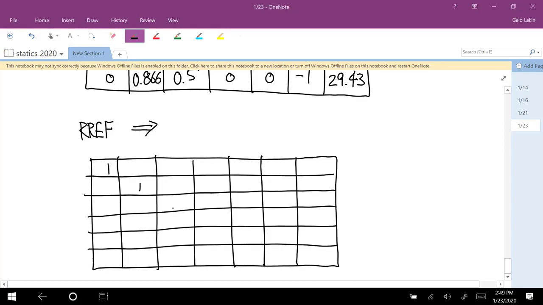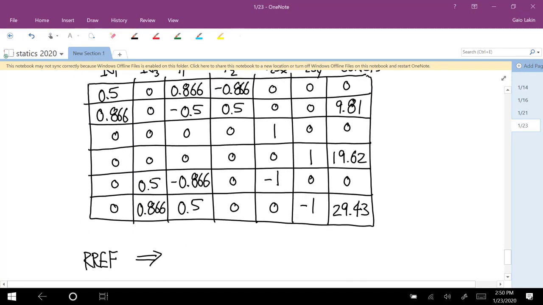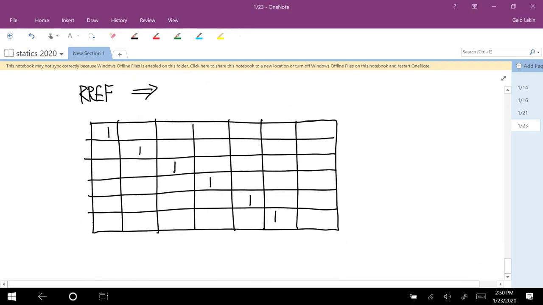It'll have ones down the main diagonal. It'll have zeros in all the other spots until you get to that last column. And the answers are going to be in the order that we chose them to be in.